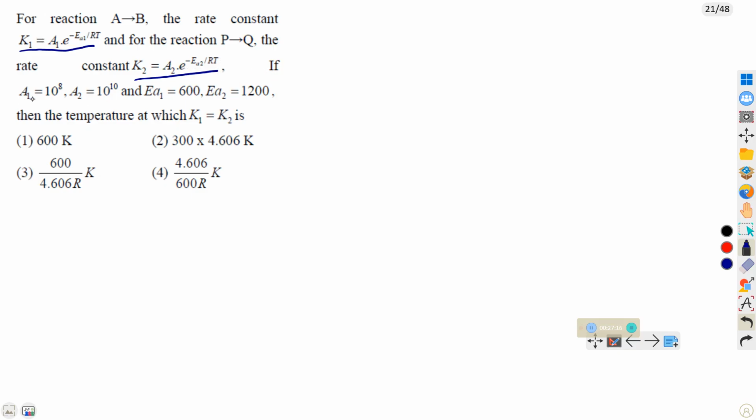If A1 is equal to 10 power 8, A2 is equal to 10 power 10, EA1 600, EA2 is equal to 1200, find the temperature at which K1 is equal to K2. If K1 is equal to K2, then A1 into e power minus EA1 by RT is equal to A2 into e power minus EA2 by RT.